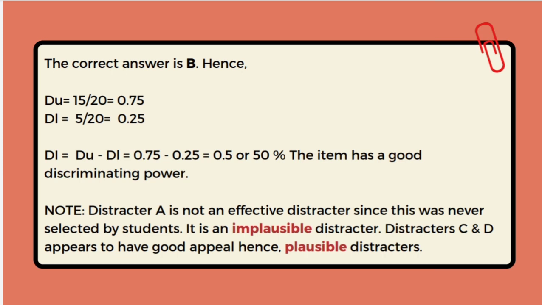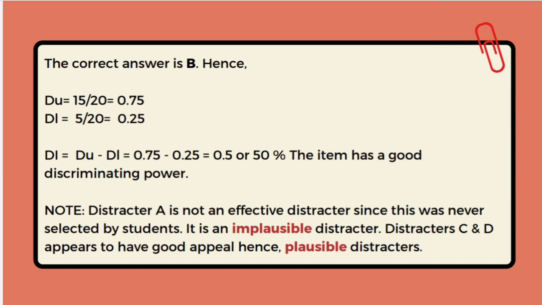Next, DL is equal to 5 divided by 20. This 5 are those students from the lower group who chose the correct answer, divided by 20, the total population of students from the lower group who took the test. So 5 divided by 20 is equal to 0.25.